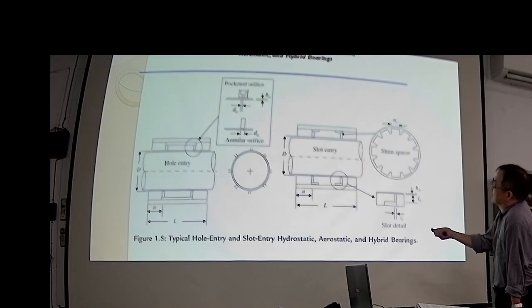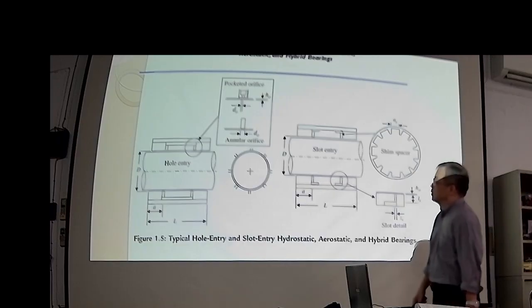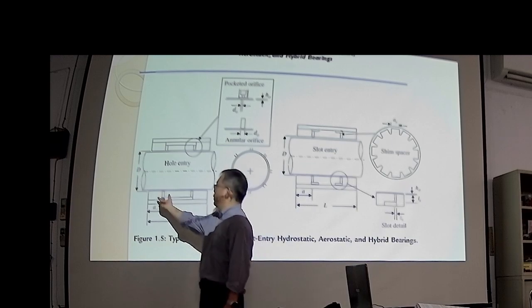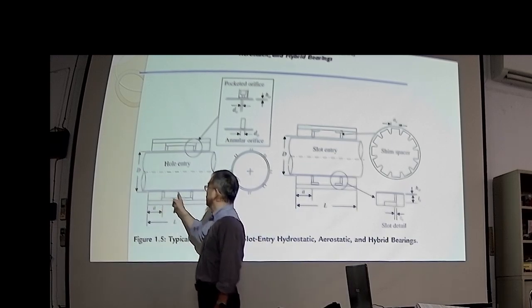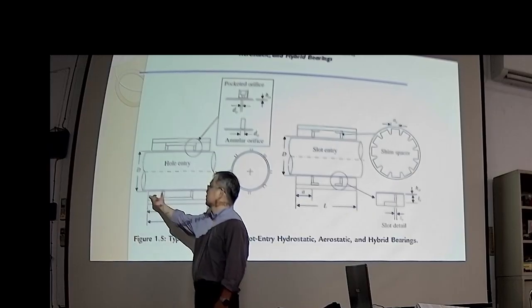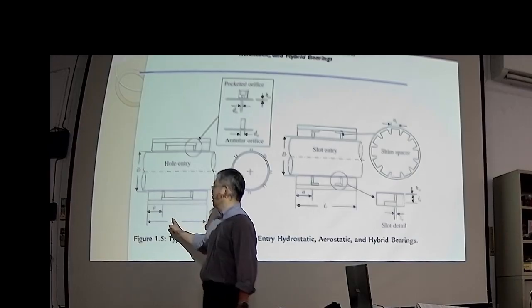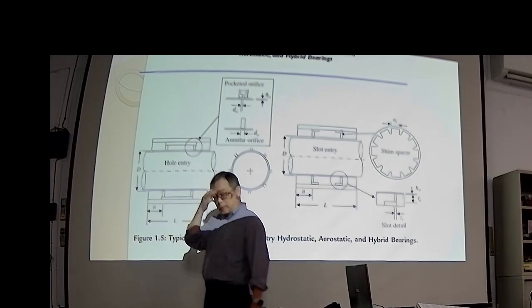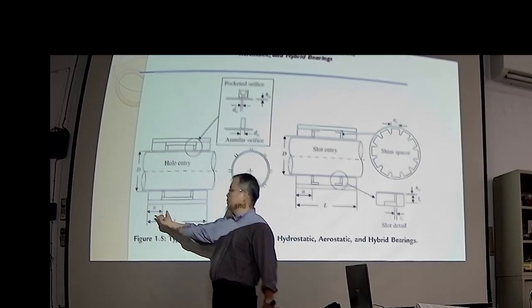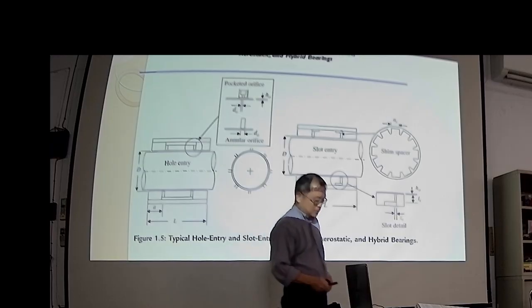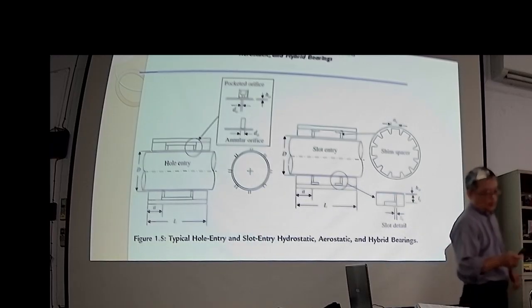You can look at the example here. This is a bearing seal，这是封油边，这是我的油槽，这是我的封油边，这是我的边长，所以我们取这个边 A 的尺寸跟 L 的比值是1/4。Okay.